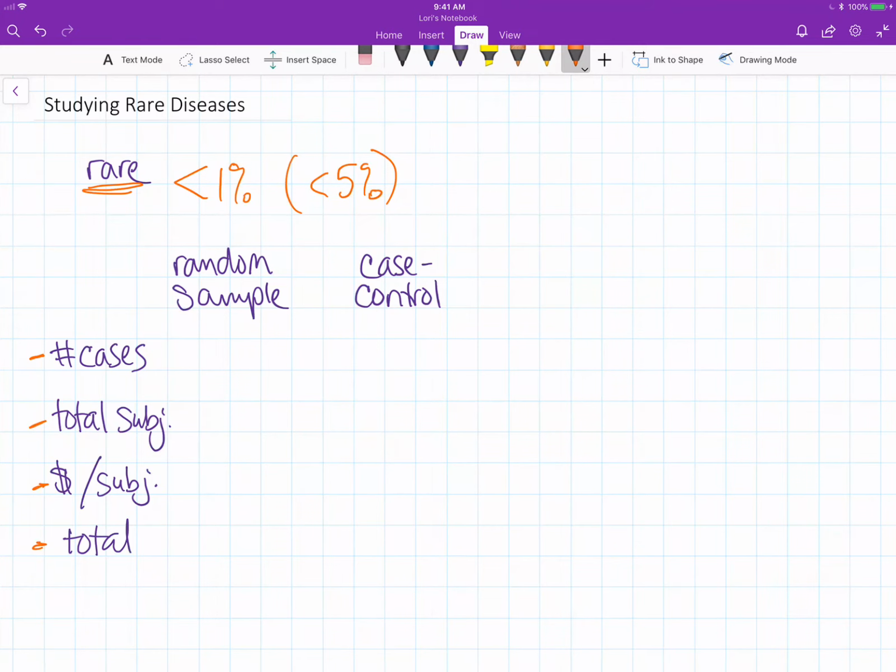Specifically, I will never ask you to do this kind of a calculation. But this really underlines the rationale and is really used as just an illustration only. So follow along and you can see some of the reasons why we would choose to have a specific study design for studying rare diseases.